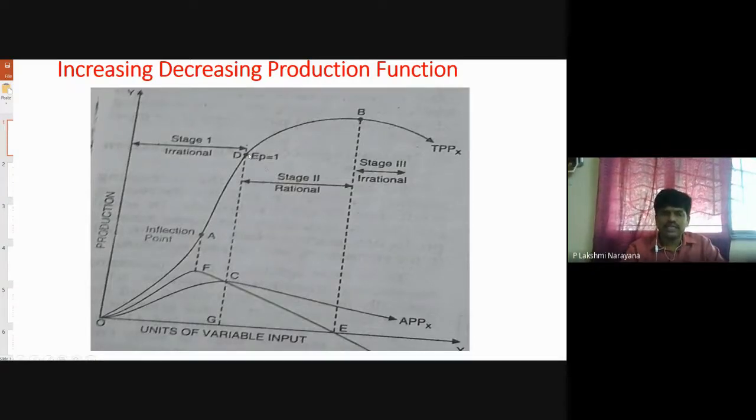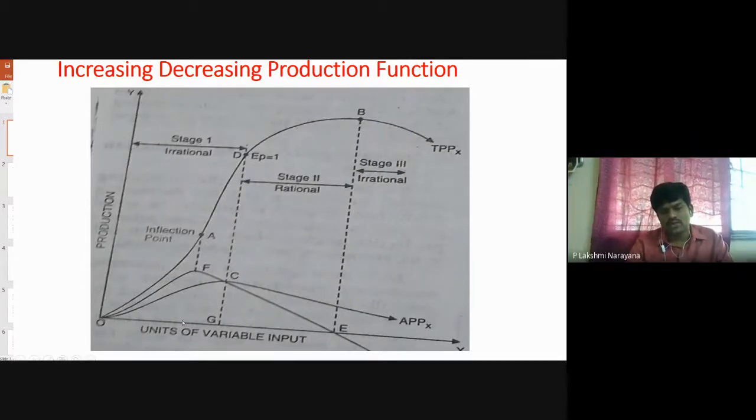In the second stage, EP is equal to 1. The average production also starts to decline, marginal product also, but total production is increasing at a declining rate. It is a rational stage. Why?